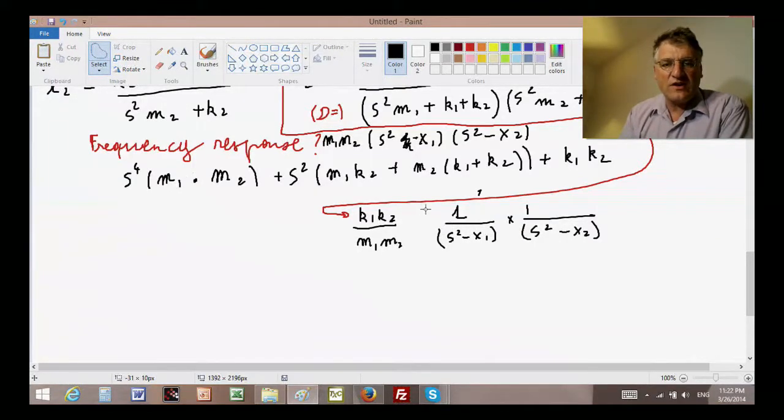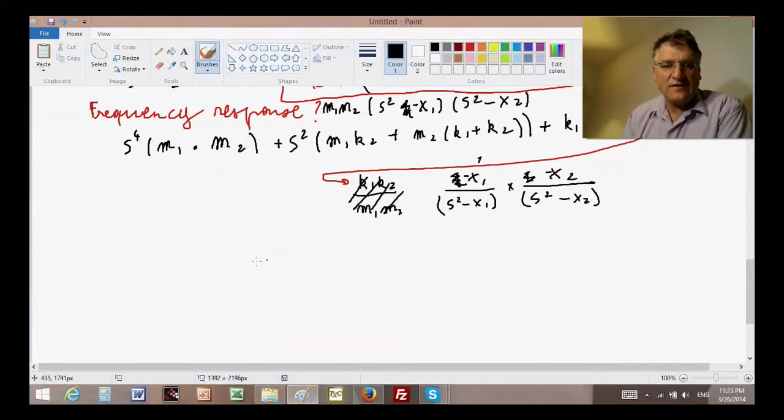So I will, again, I can rewrite this as a way to simplify all this, saying that this will be X1 over S squared minus X1 times X2 over S squared minus X2, and to be absolutely exact, it's going minus X1 divided by S squared minus X1 times minus X2 divided by S squared minus X2. It is the same expression. And we will write the following.